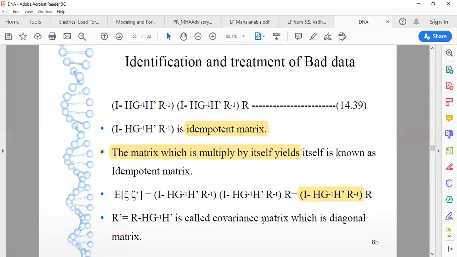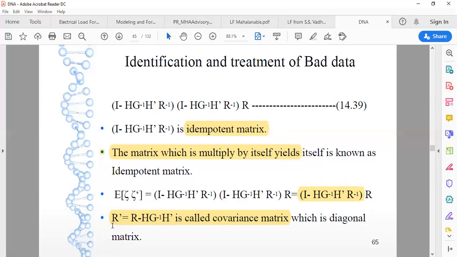R dash is known as the covariance matrix. What is the covariance matrix? The covariance matrix is the product of R minus H into G inverse into H, which is also a diagonal matrix. But keep this in mind that R and R dash are both different. R is known as the variance while R dash is the covariance matrix.